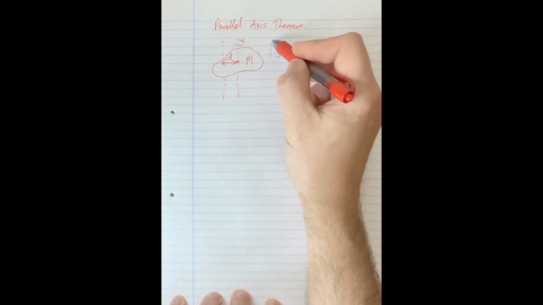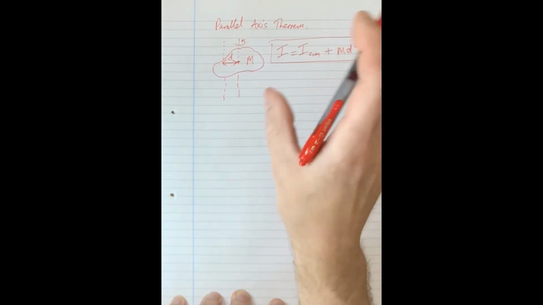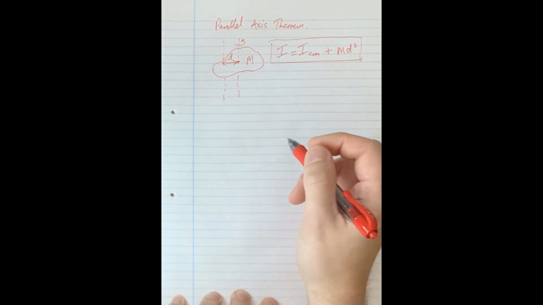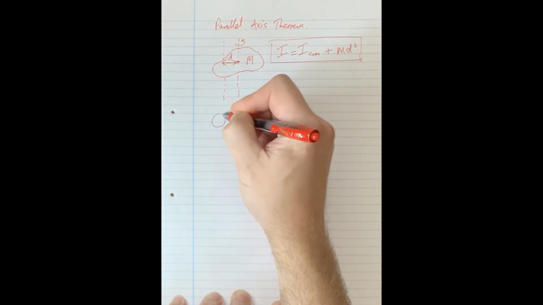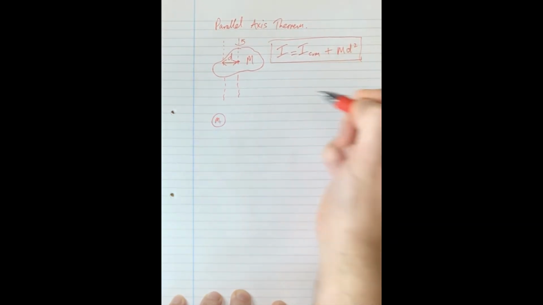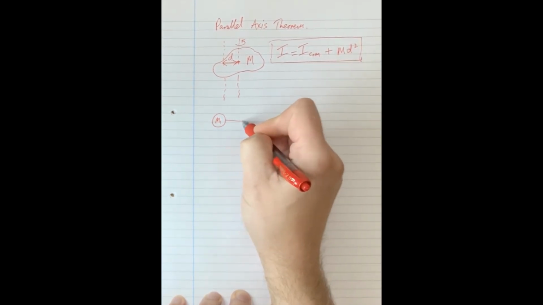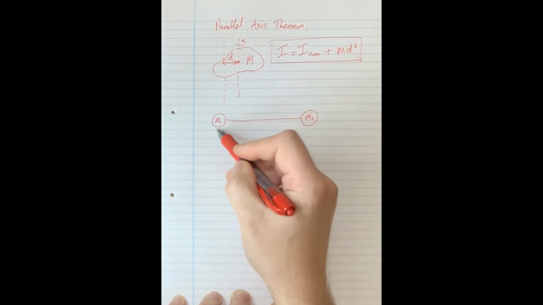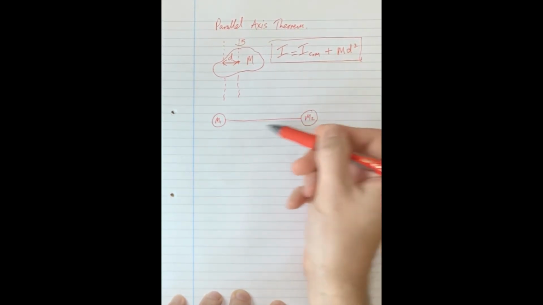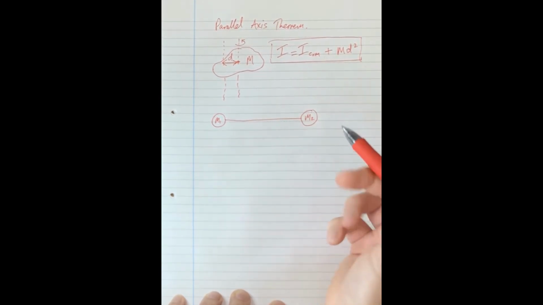So this is what the parallel axis theorem is, but I'm going to derive that with a simple example of thinking about 2 point masses. So if we've got point mass 1 and point mass 2, if this was the larger mass, the center of mass between these two would be closer to this, or if this was the larger one, then it would be closer to that, further away from here.